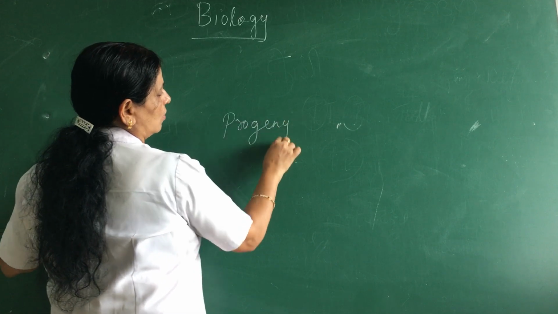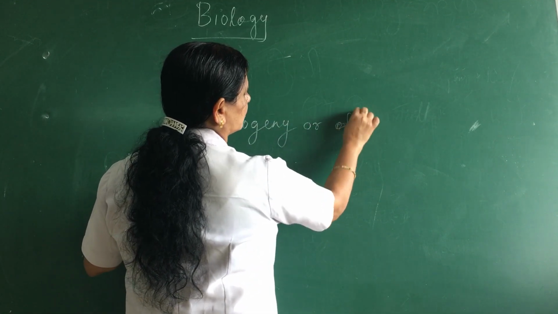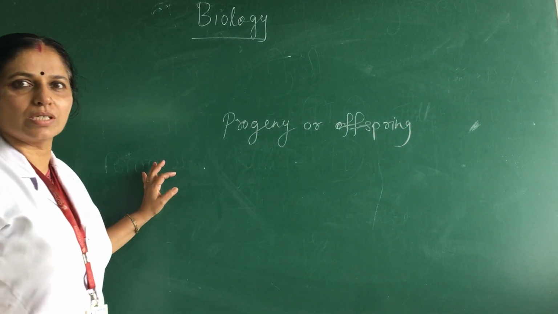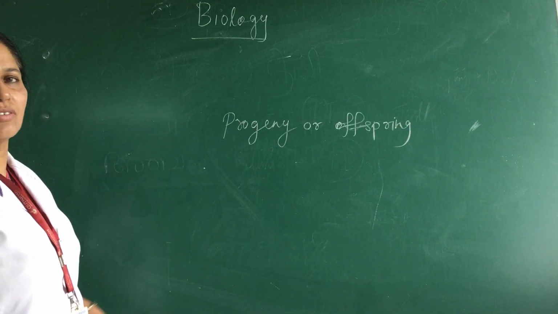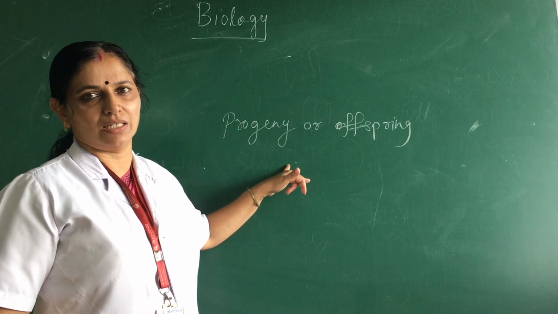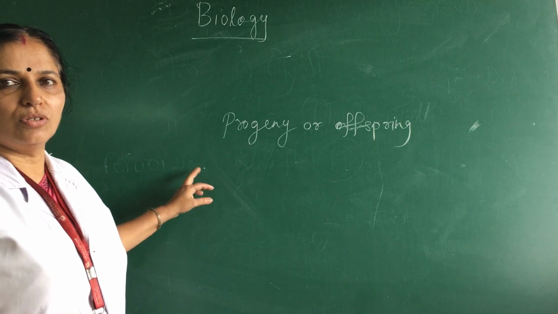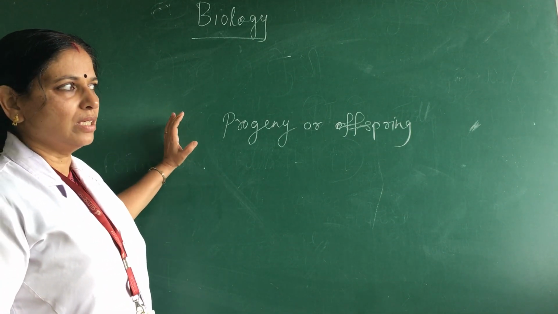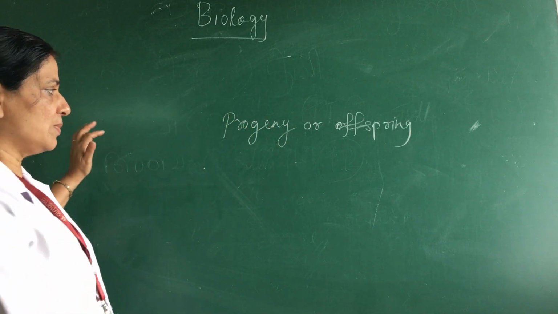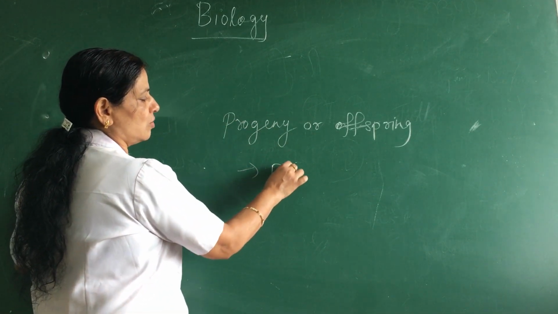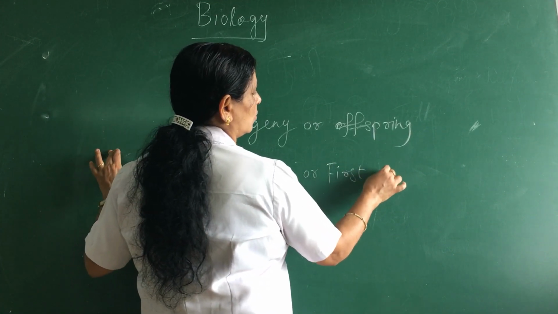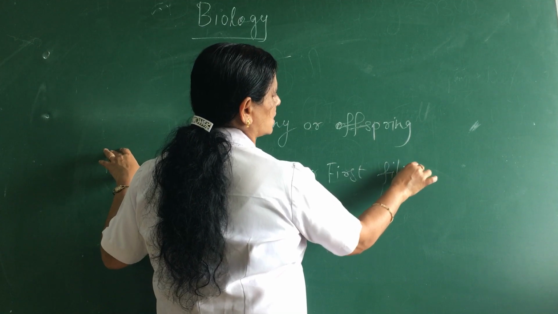When two parents are crossed to produce a progeny or offspring, that progeny is known as first filial generation or F1 generation. You got it?